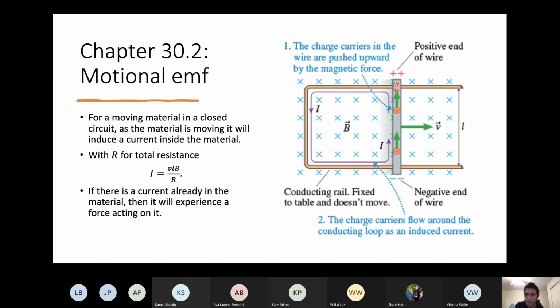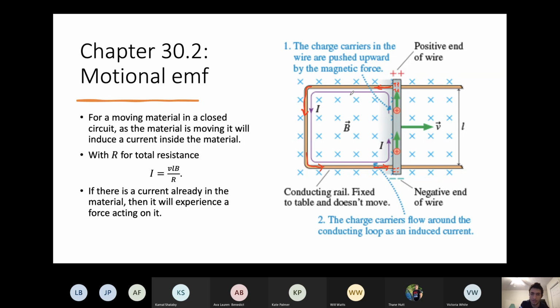So now it has the freedom to go inside this material, moving inside of it until it reaches the other side, which has a lot of negative charges. So if you have a circulation of charge, that means there's a current, and that would be the same direction of the current.